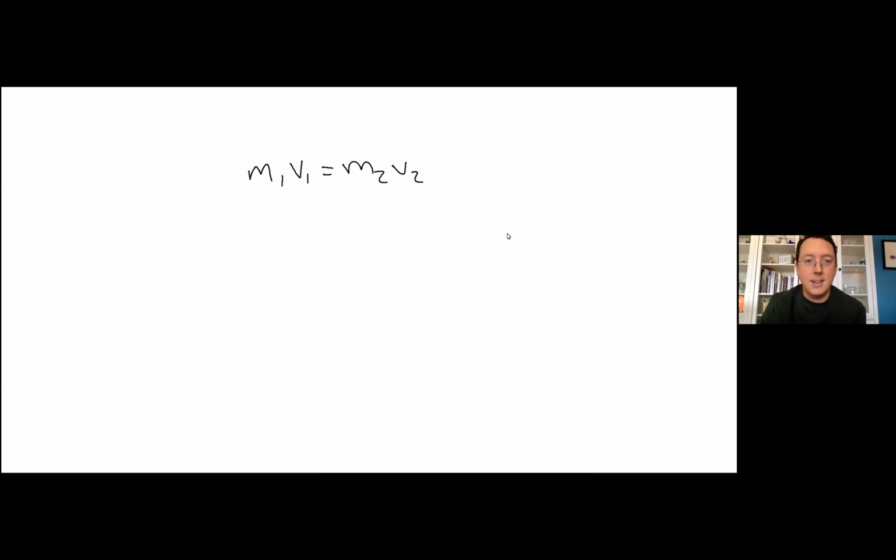Let me see if I can annotate. So what I would say is we're going to use the following. First of all, what's your system? It's going to be the car or the train plus the grain, right?